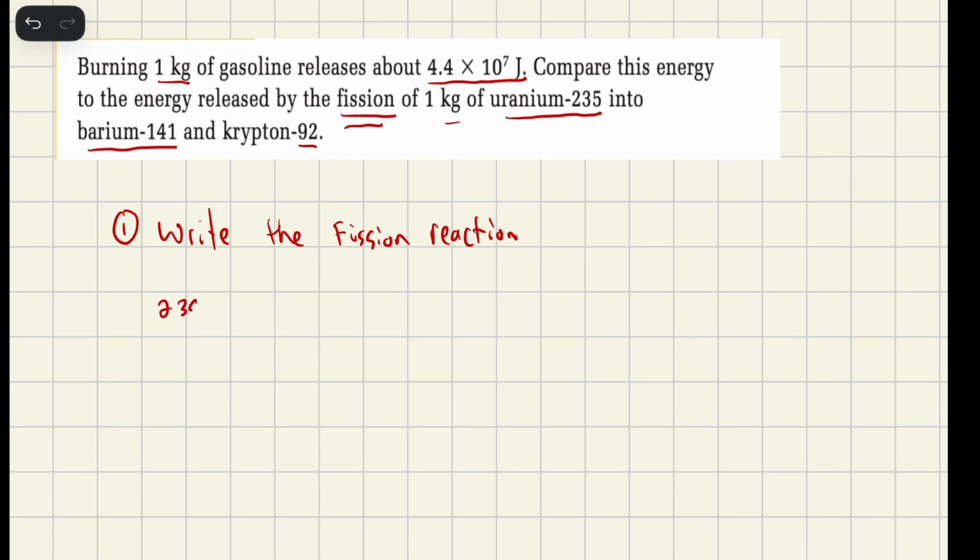So uranium-235, with atomic number 92, gets bombarded or hit with a neutron, or absorbs a neutron.